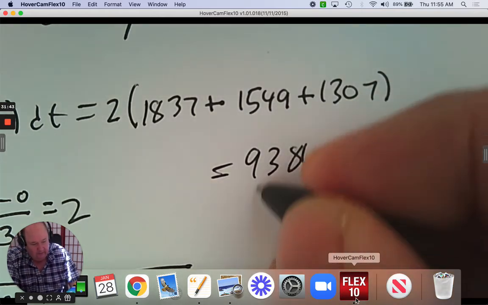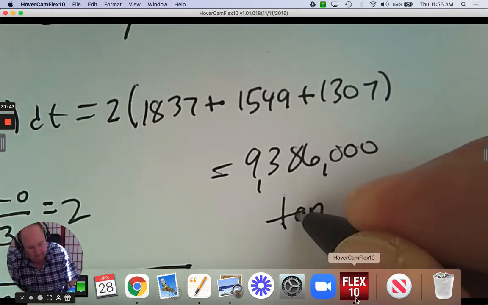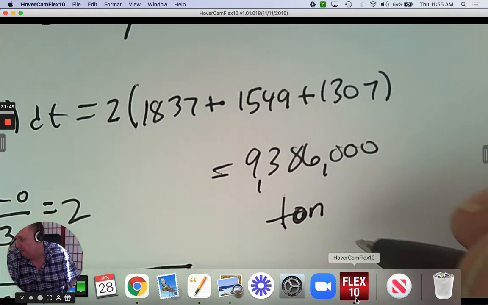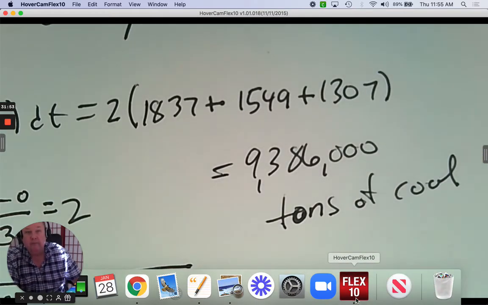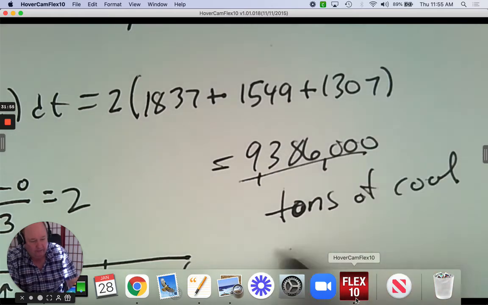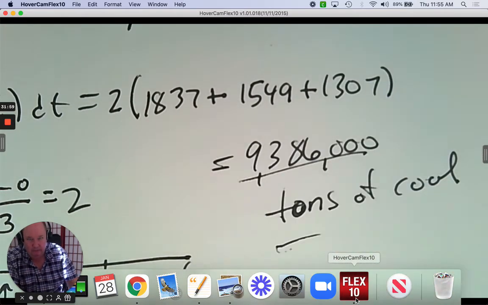And that's this, right? Tons of coal. So at that rate, that's how much coal would be produced using a midpoint Riemann sum for those 6 years.